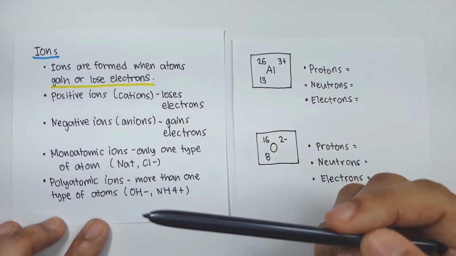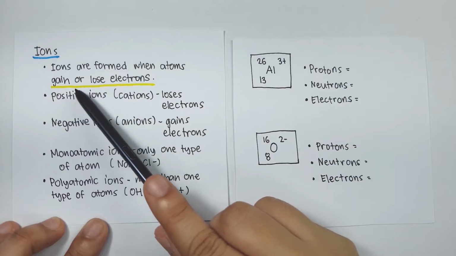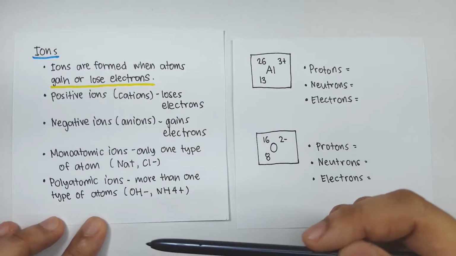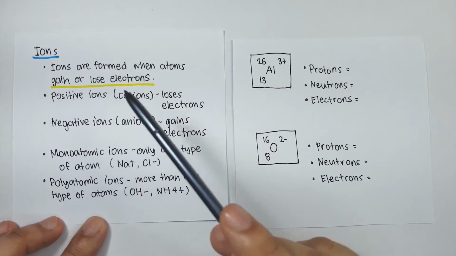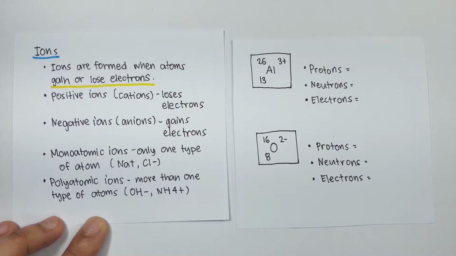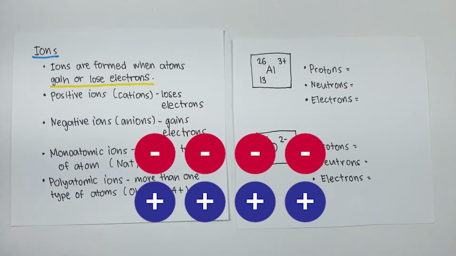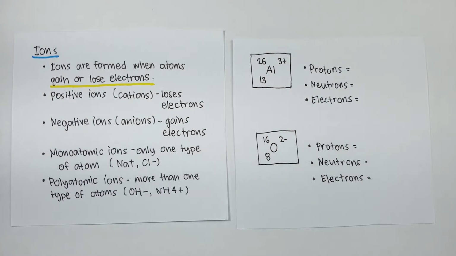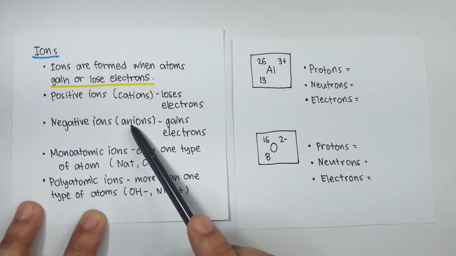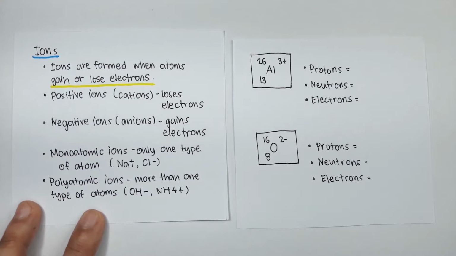Ions are kapag yung atom either gains or loses electrons. Positive ion ka or cation if you lose an electron. Why? For example, may 4 ka na protons and may 4 ka na electrons. So, neutral in charge ka. Pero what if you lose an electron? Sino yung mas madami? Yung protons. Hence, positive ion ka. Negative ion or anion ka if you gain an electron.